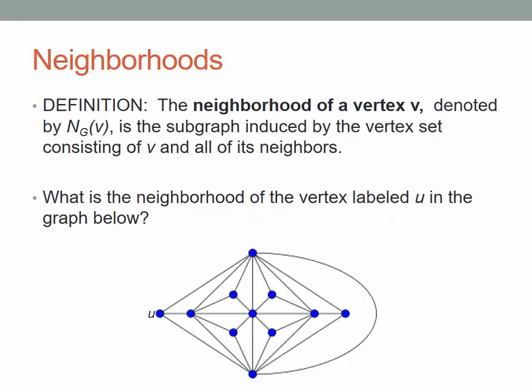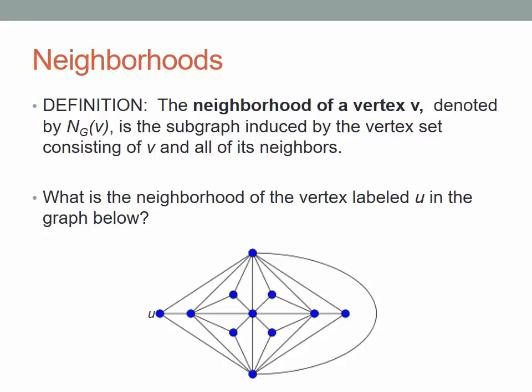So for example, in the graph below, to the far left, we have a vertex labeled U, and we want to see what is the neighborhood of U. Since U has degree 3, it has 3 neighbors. So we'll take U and its 3 neighbors and all the edges that are induced by those 4 vertices.